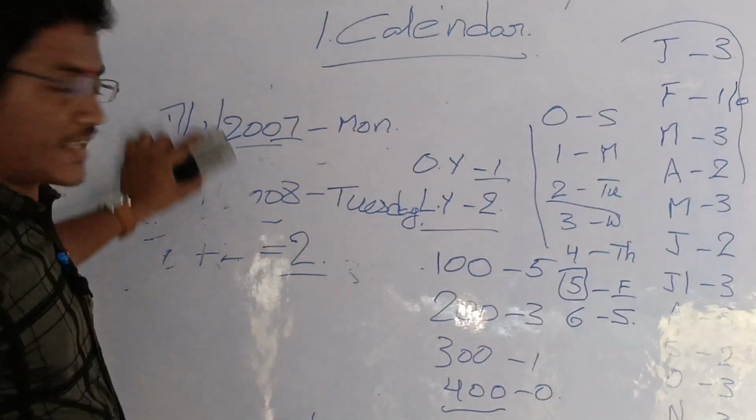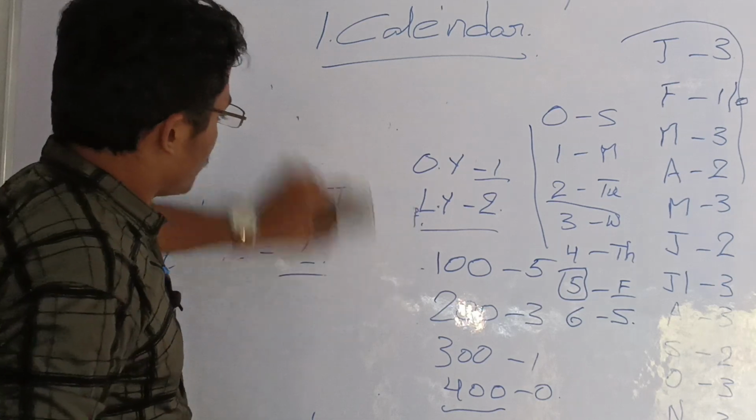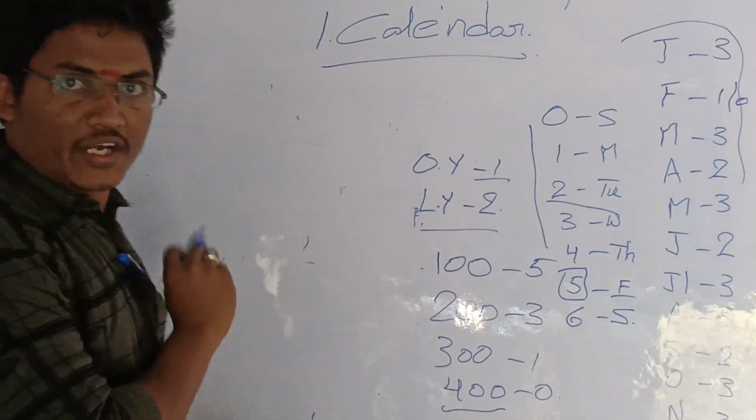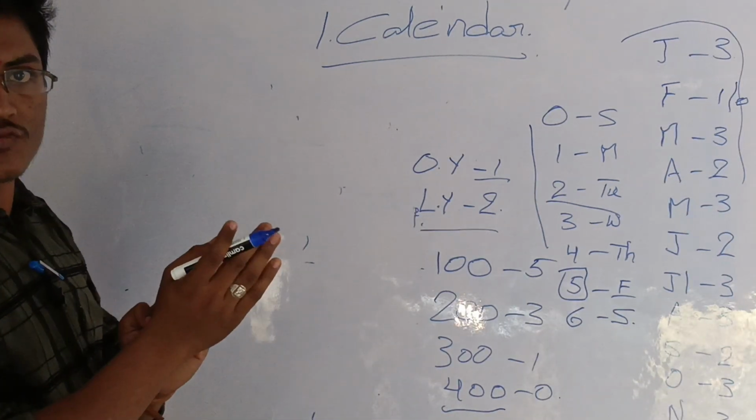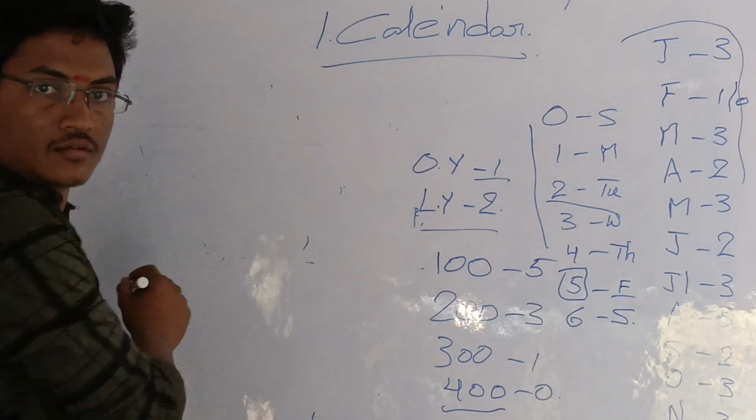When we consider the third type, they will give one day, and after n number of days we need to calculate the weekday of that particular date. Type 3.